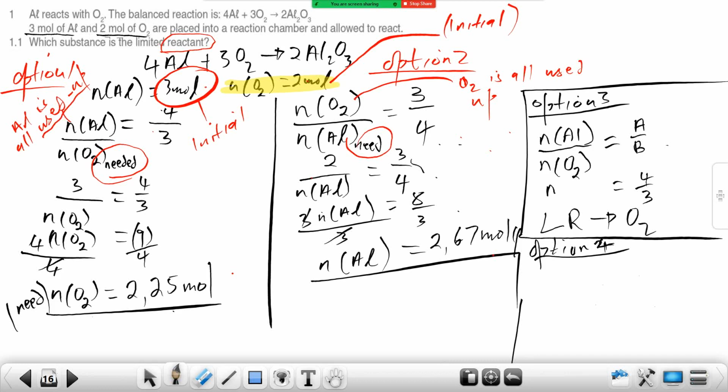So first you will write N2, which represents the number of moles for oxygen, equals A over B multiplied by N1. Okay, don't rush.